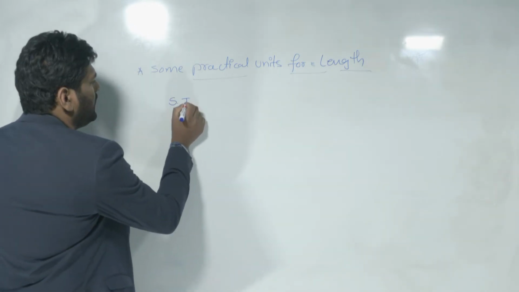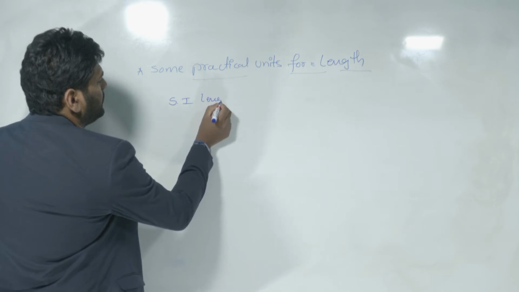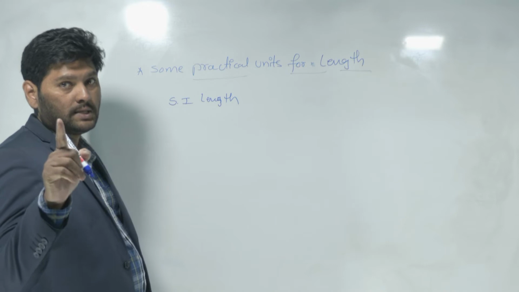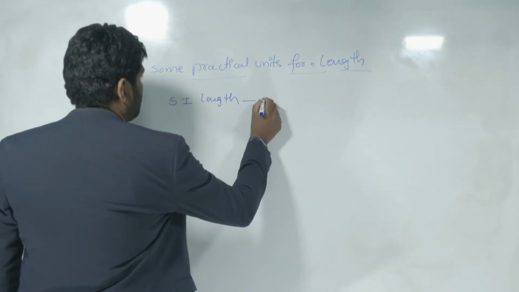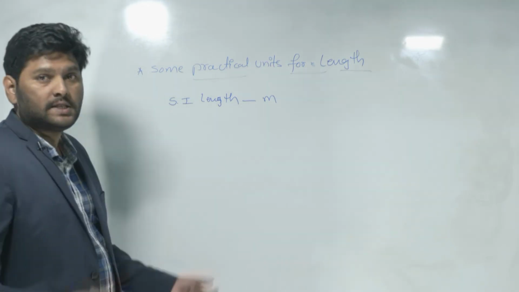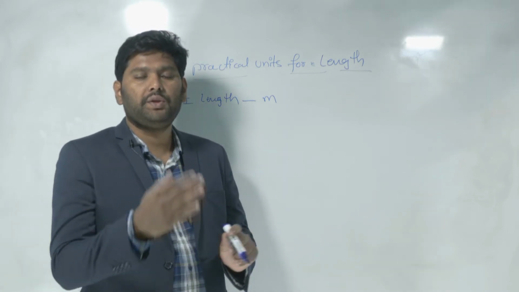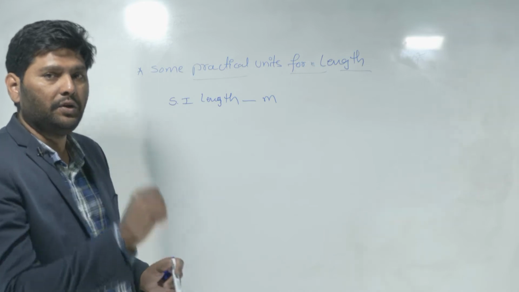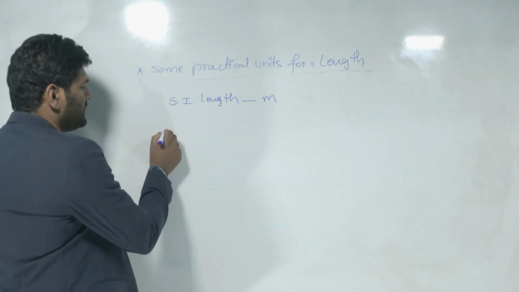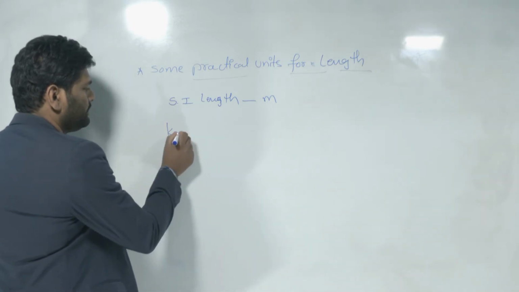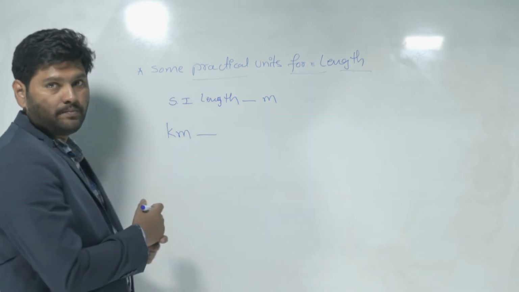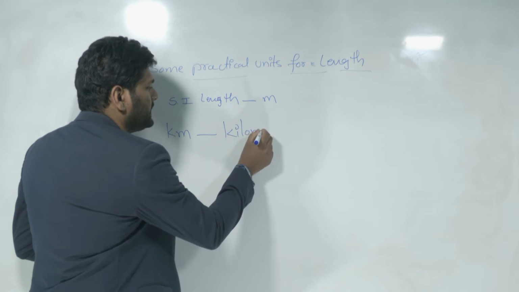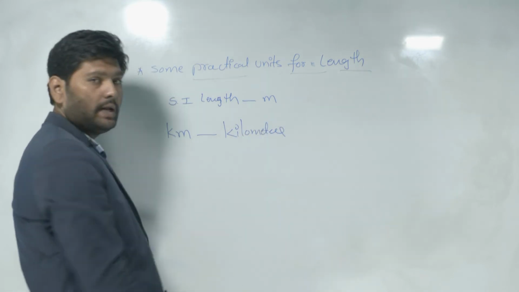You know, the SI unit of length, yes, it is meter. But this meter we will not use often. Often we will use the practical units. The practical units, first of all, kilometer. Kilometer, km. So kilometer is one of the practical units of length.